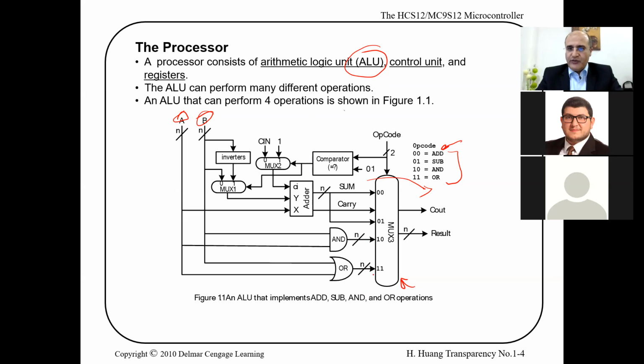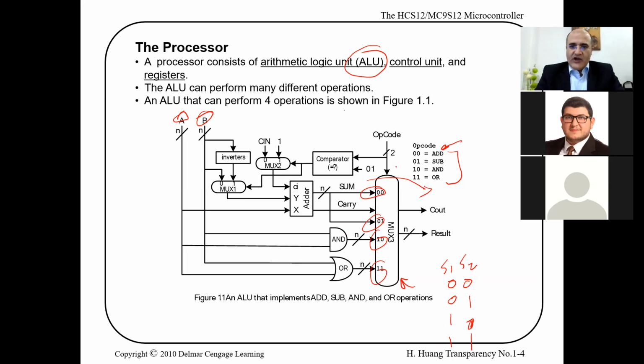So 4 inputs. To be able to select among 4 inputs, you need 2 select lines, right? You need select line 1, select line 2: 0 0, 0 1, 1 0, 1 1. So if you say 0 0, you're selecting the first input. If you say 0 1, you're selecting the second input, then the third input, the fourth input. 0 to 3.